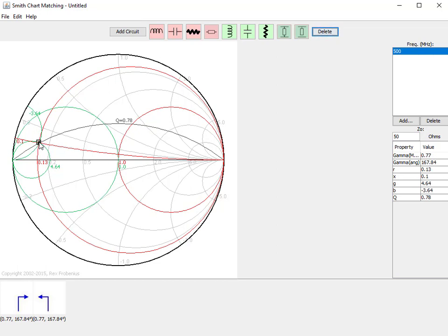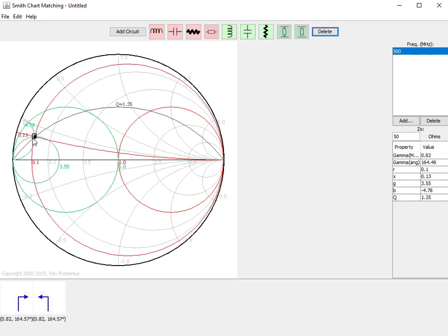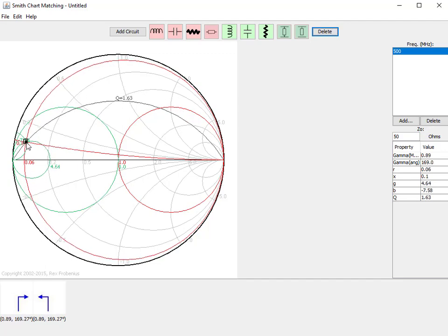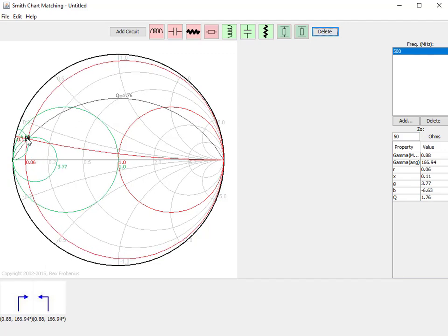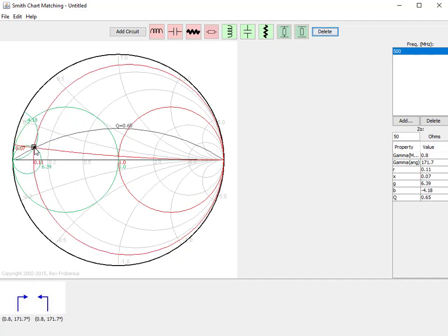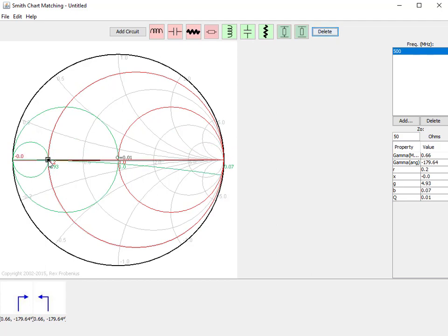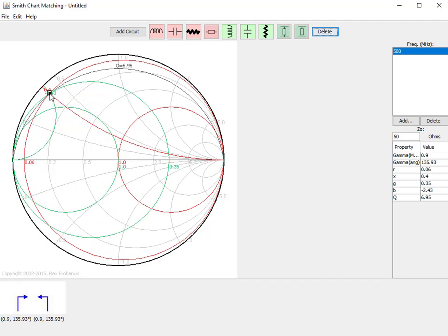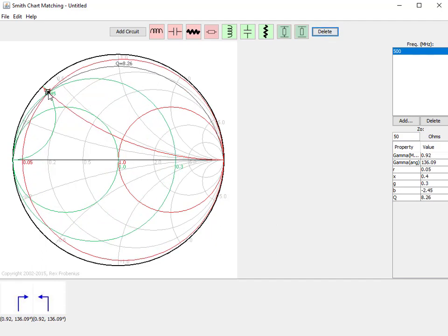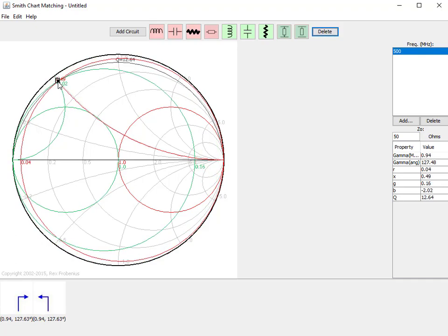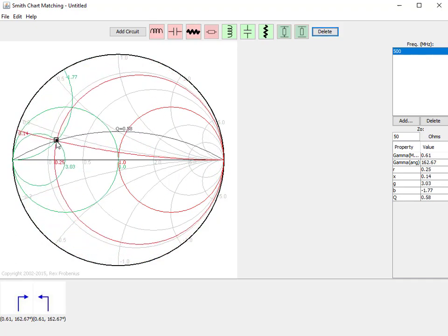One observation we can make is that the closer we get to the edges of the chart, or the further away from the horizontal axis, the higher the Q values become. So notice the Q value, if I'm close to the horizontal axis, the Q goes from 0, and I can either go straight up and the Q value will increase, but the closer I get to the edge of the chart, the higher it starts soaring away.